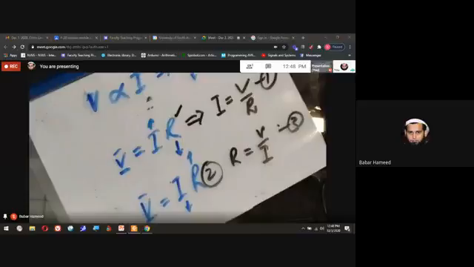With equation 3, we can calculate resistance if we know the value of voltage and current. The three expressions in equation 1, equation 2, and equation 3 are all equivalent. There is no difference, so don't get confused. They are simply three ways of using Ohm's law. All three are depicting Ohm's law.